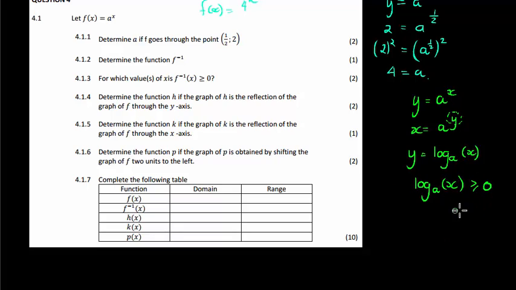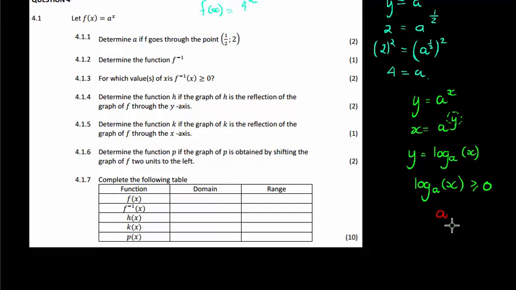If you don't know how to work with logarithms, you can work with the normal thing. So I would say go back. 4 to the power of x is equal to 0. Equal to a to the power of what?